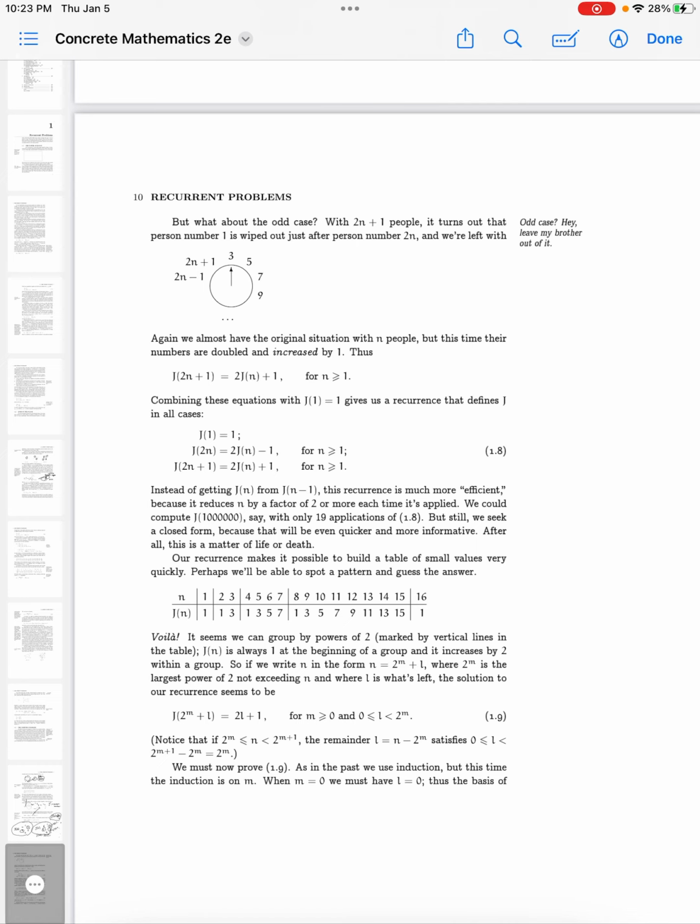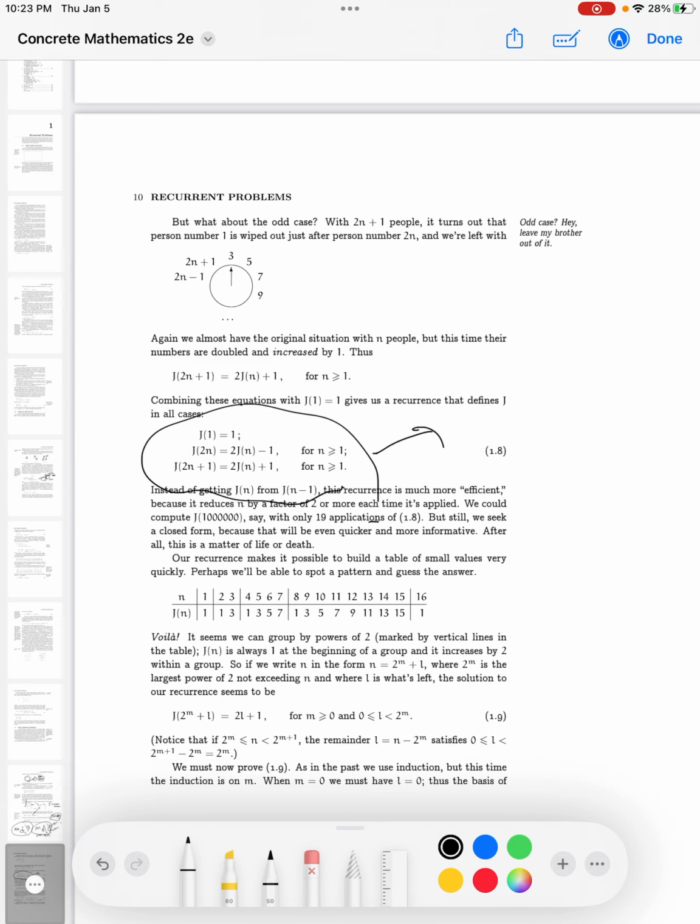So the following recursion is that J of 1 is 1, J2n is equal to 2Jn minus 1, and J of 2n plus 1, which is an odd number, is 2Jn plus 1. So this is the key for understanding the recursion for solving the Josephus variation problem.